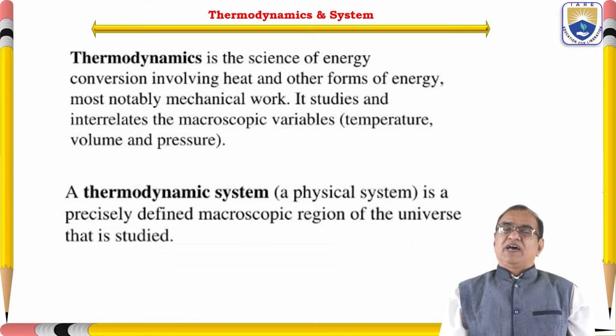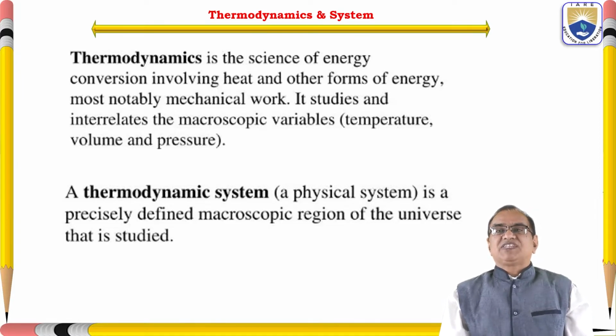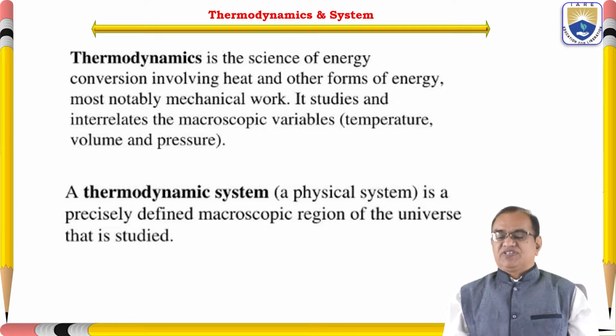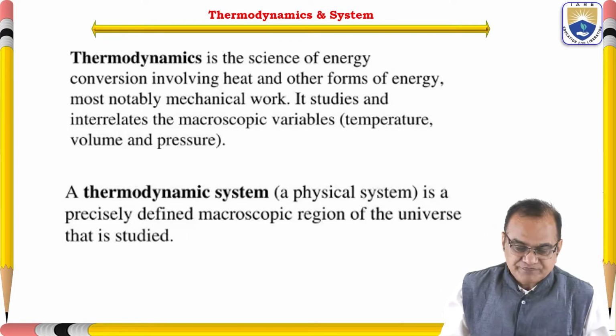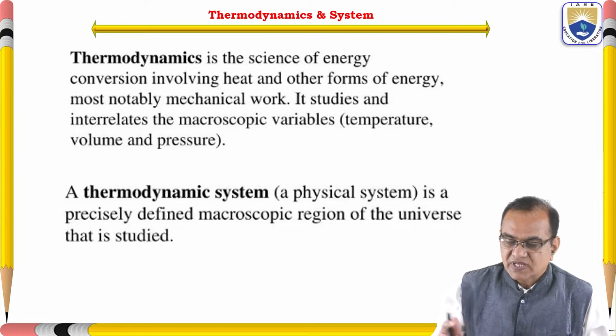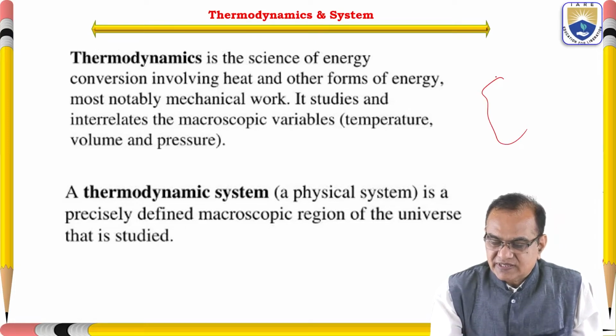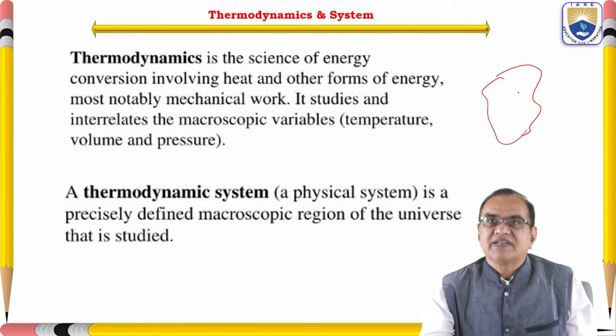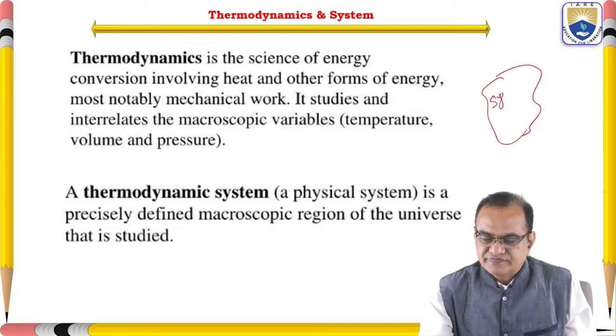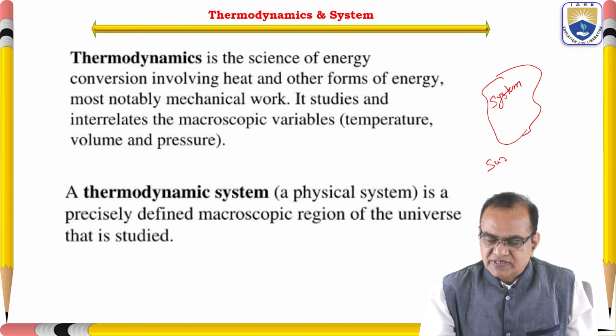What is a thermodynamic system? A thermodynamic system, a physical system, is a precisely defined macroscopic region of the universe that it studies. If you see here, this is a system, and here is the surrounding.